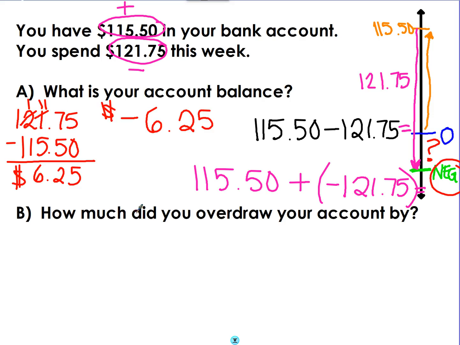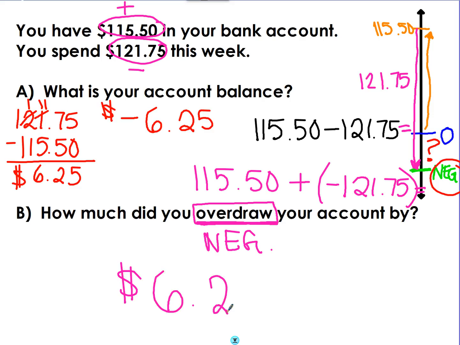The second question says, how much did you overdraw your account by? So overdraw means you use too much money. How much money do you owe the bank? And so in this case, because they're already telling you overdraw says that your balance is already negative, your answer would just be that you owe the bank $6.25, not negative $6.25.